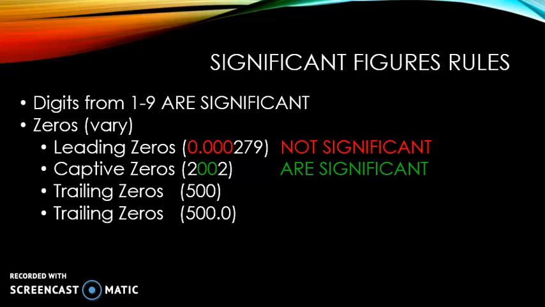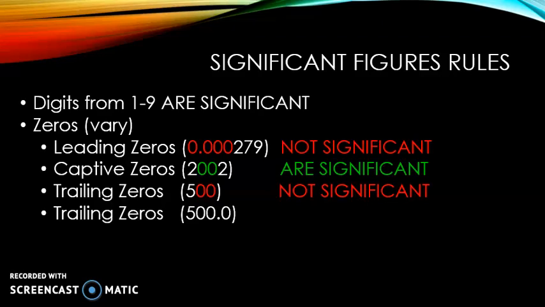That to me could mean 500-ish. That might be 479. That might be 523. I don't know because there's no decimal point there. There was no care written down with this measurement. I don't know whether or not those zeros were actually measured. So in this case, those zeros are going to be considered not to be measured and therefore not significant, more like a placeholder style zero.